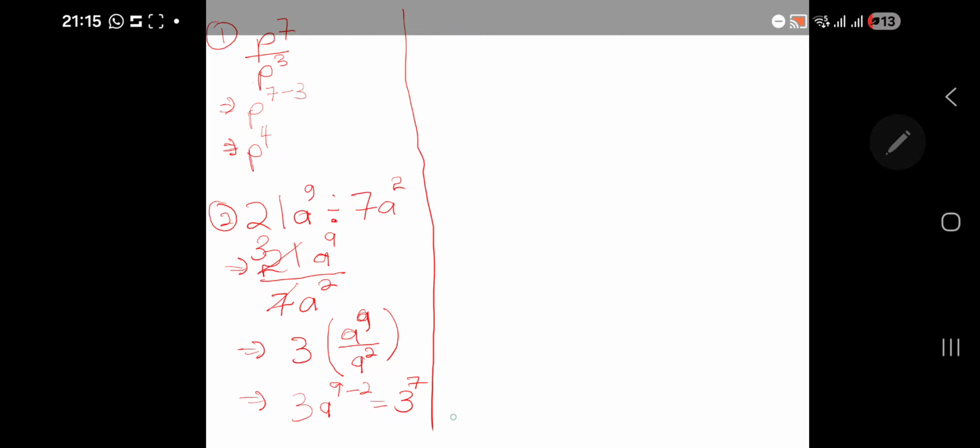Understand? And then this becomes 3 times a to the power 9 over a squared. From the second law, you write the base and subtract the index. So what do you get? 3a to the power 7. Good.